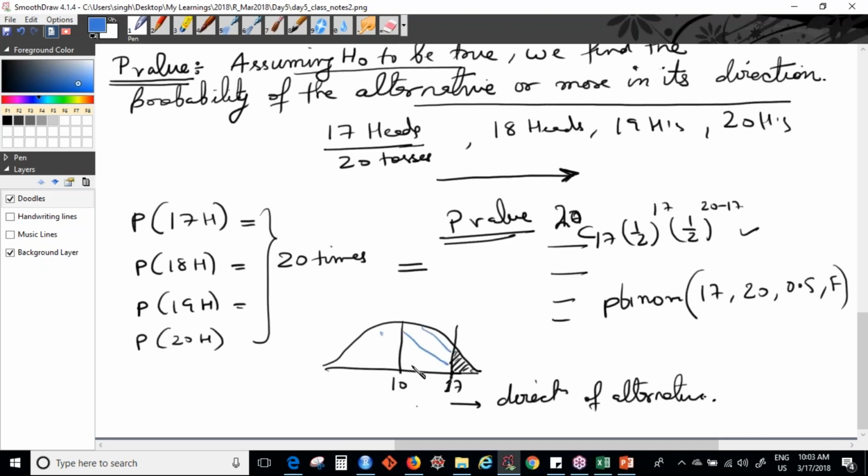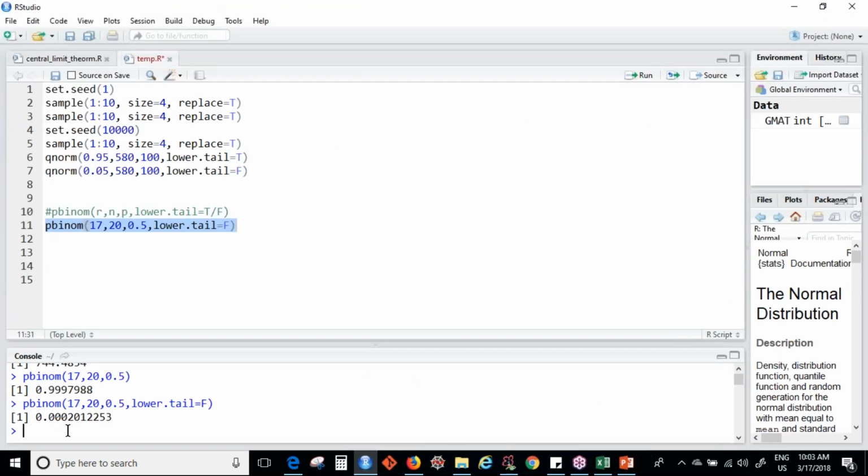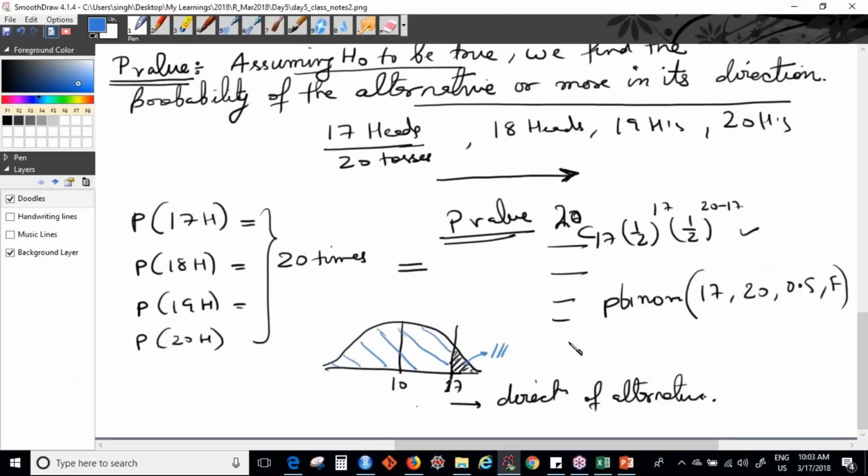Now this is not the direction of the alternative. This is the direction of the null hypothesis. I don't want this. I want the other direction, so this shaded portion. Now you have gotten your p value and the answer is around 0.02%. Very small.